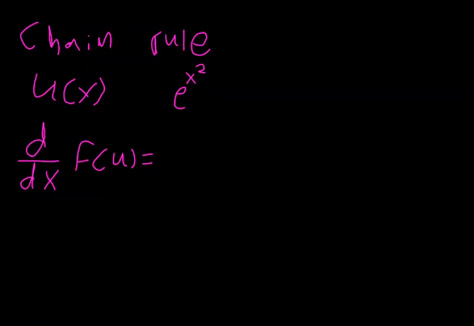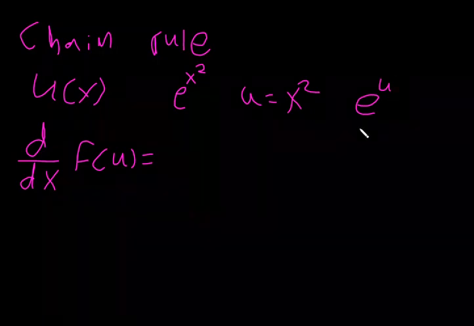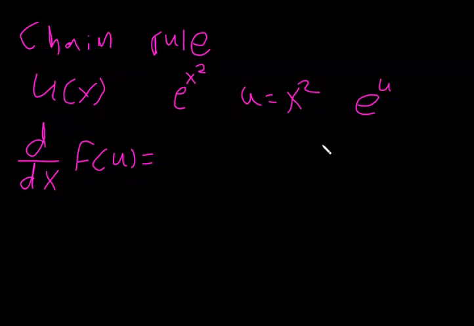But if we say u is equal to x squared, this thing becomes e to the u. And this is useful because we can differentiate e to the u with respect to u, and we're going to use that in trying to differentiate e to the x squared with respect to x.